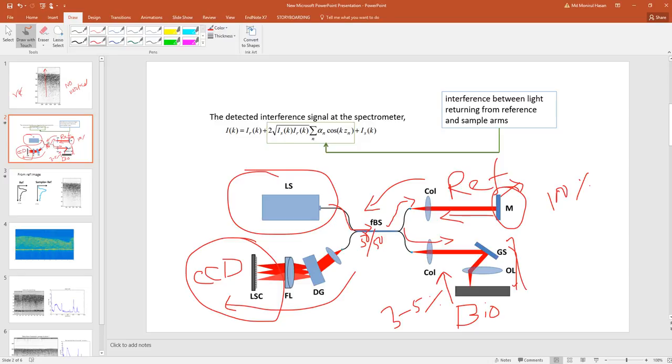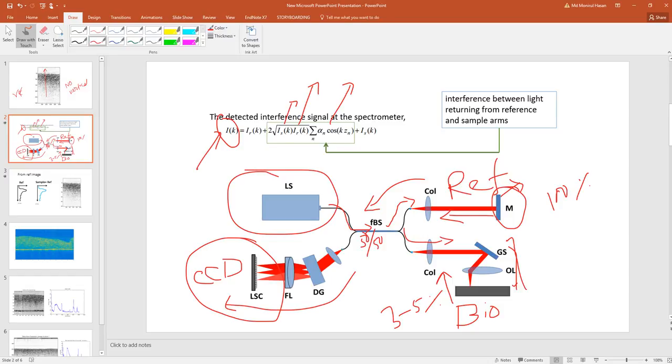As we know, if your system is shot noise limited, whatever noise you collect depends on the intensity. The detected photons can be converted into intensity, and intensity depends on both the sample arm part as well as the reference arm part. This is the fringe we detect.